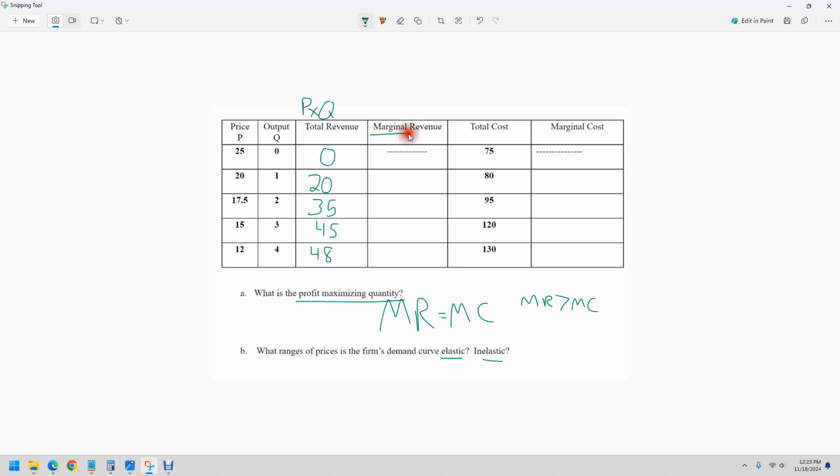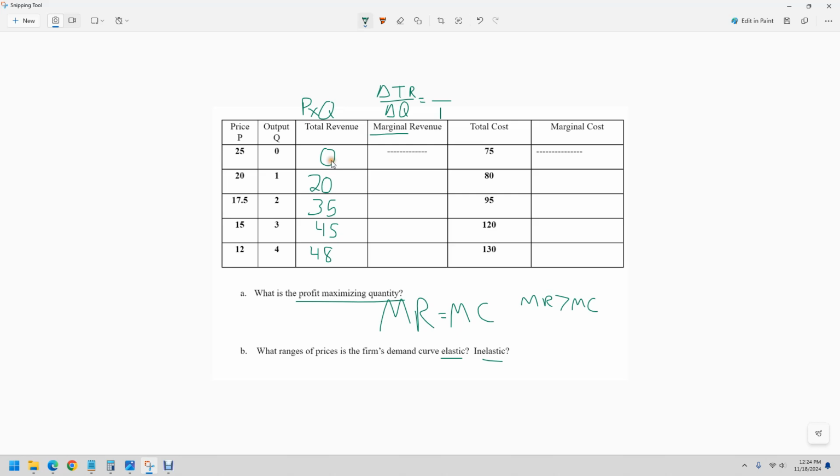Now we've worked out this. Marginal revenue: whenever you see marginal, it means additional. So we're really looking for the change in total revenue divided by the change in quantity. Now this one's pretty simple. You can see the change in quantity from here to here, from here to here, from here to here is always 1. So in this case, it's whatever the change in total revenue is divided by 1, which is just the change in total revenue. So we're just going to look here.